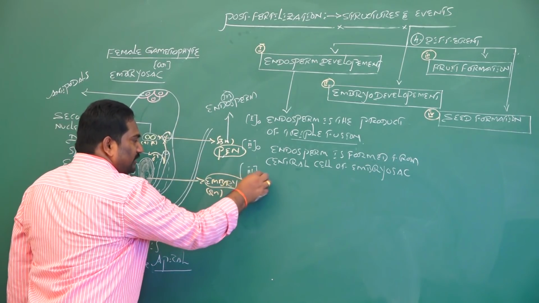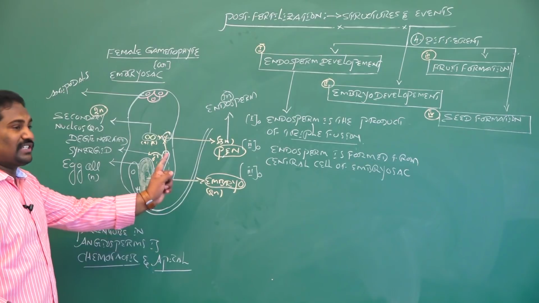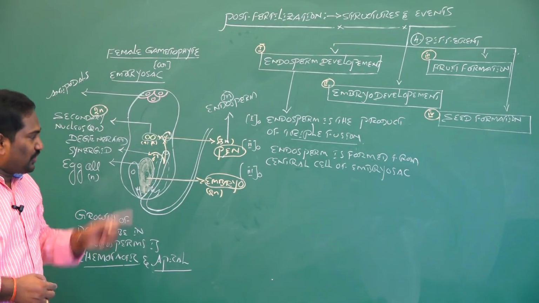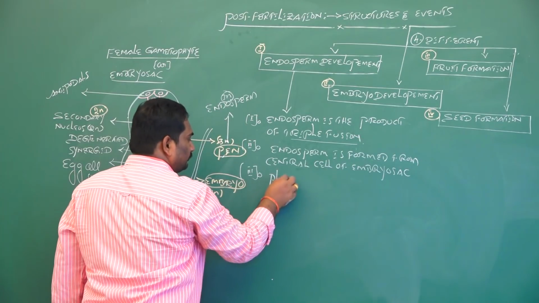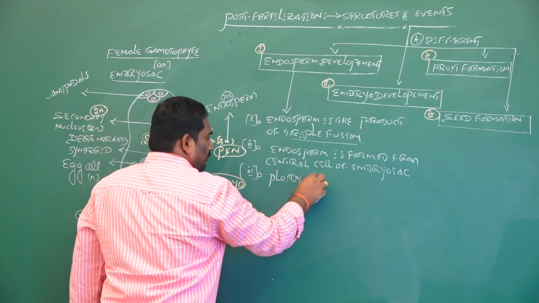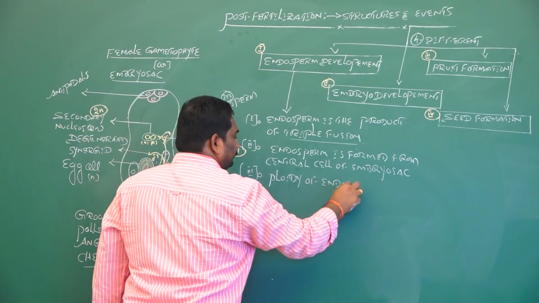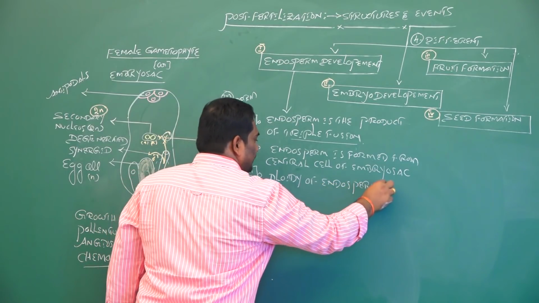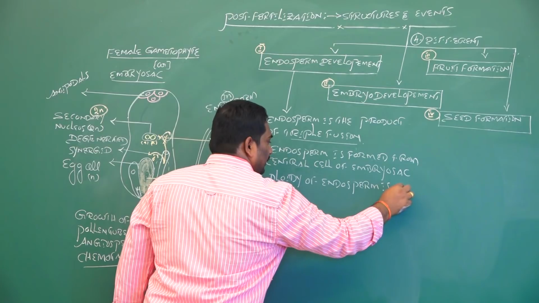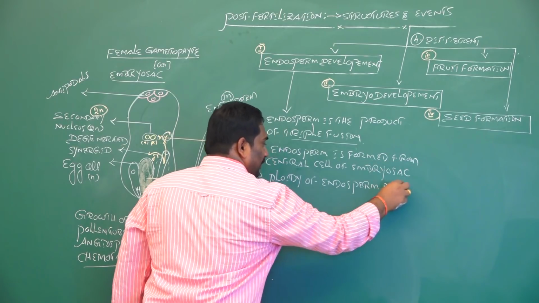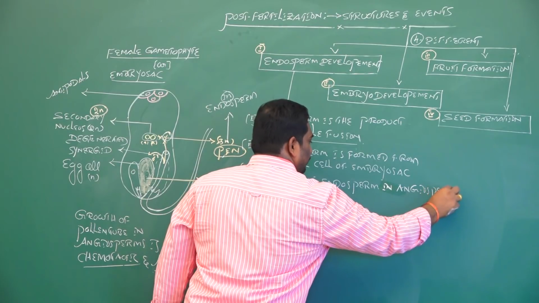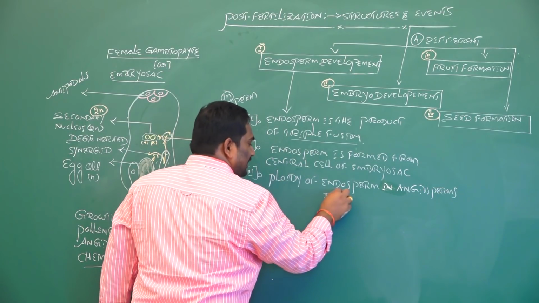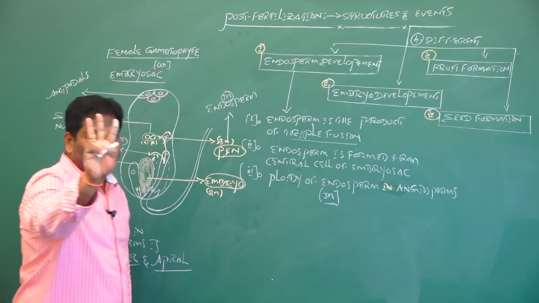And the third characteristic feature of endosperm is the ploidy of endosperm in angiosperms. In angiosperms, the ploidy of endosperm is triploid.